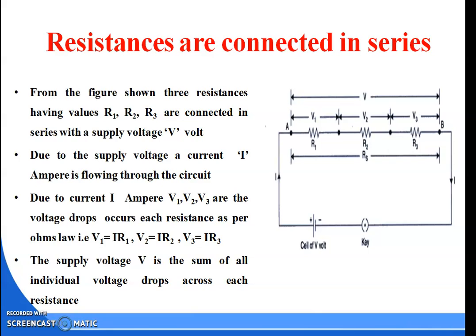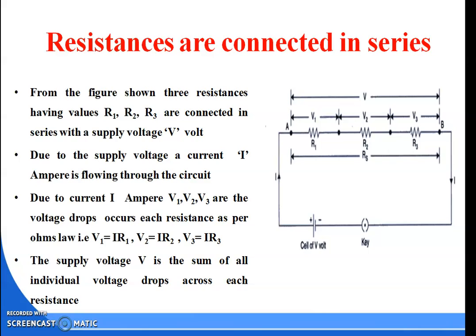Here is the explanation. From the figure shown, three resistances having values R1, R2 and R3 are connected in series with a supply voltage V. They are connected in series, that means end-to-end connection.